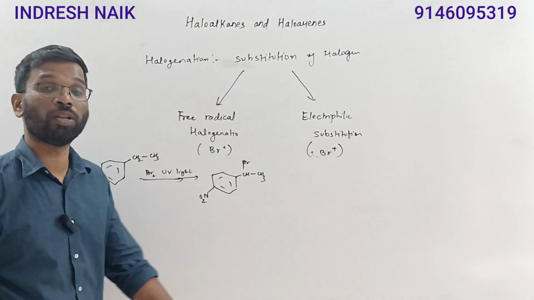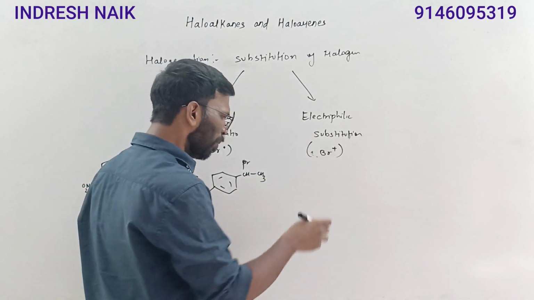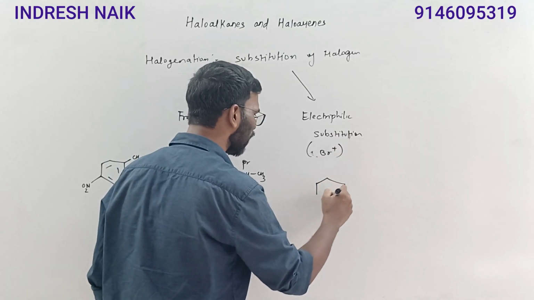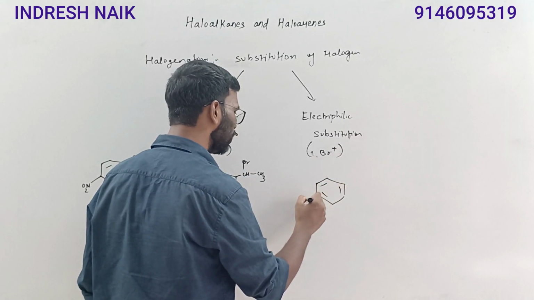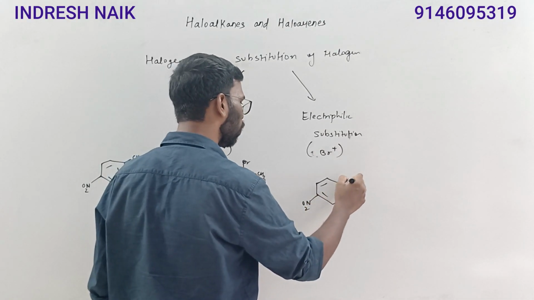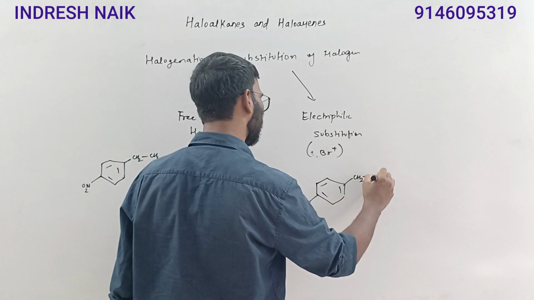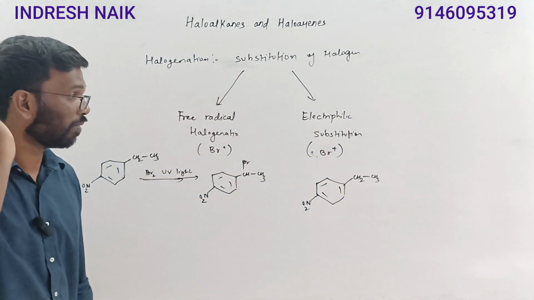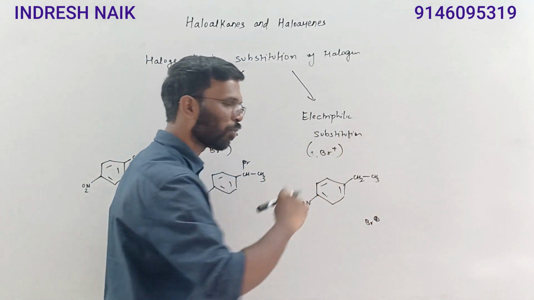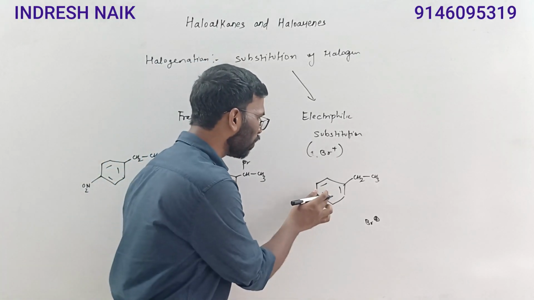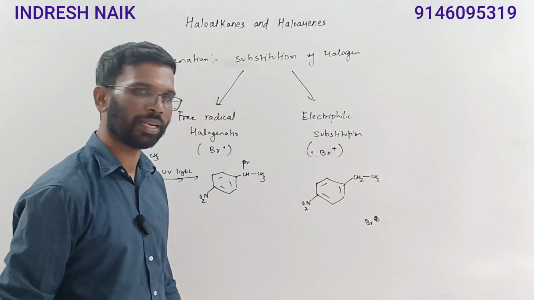Further in this chapter, you learn about electrophilic substitution on a haloarene, right? But we'll not take a haloarene. I'll just explain the general concept over here. Let's say this is your NO2, and this is your CH2 CH3. Electrophilic substitution, right? The Br plus is electron deficient, this ring is electron rich. This is meta directing to an incoming electrophile.